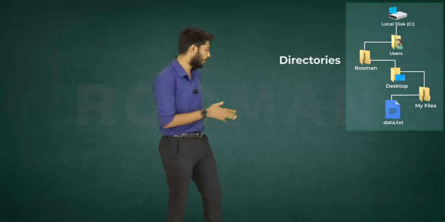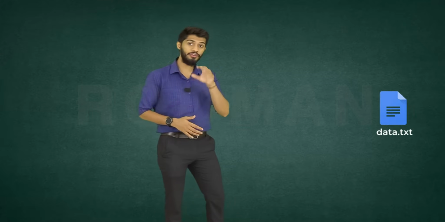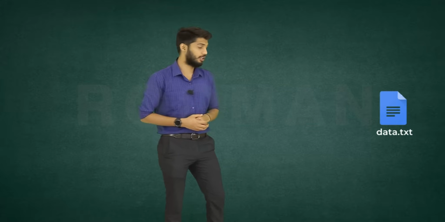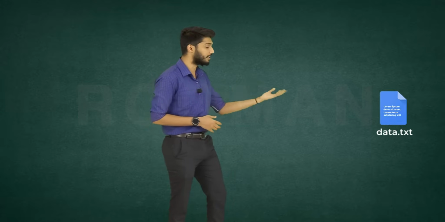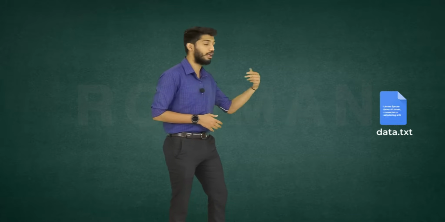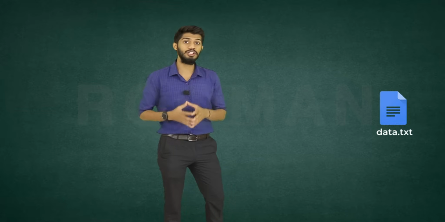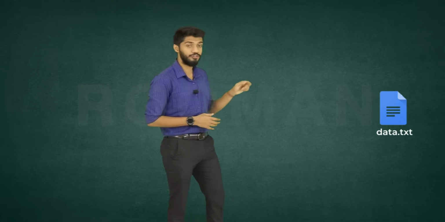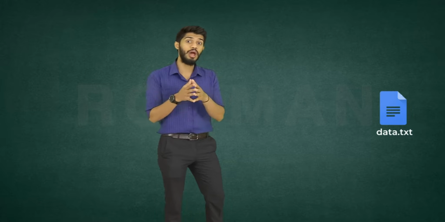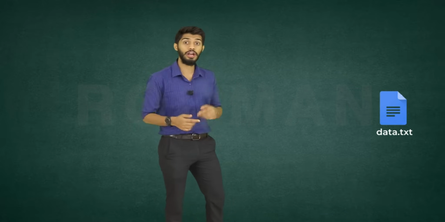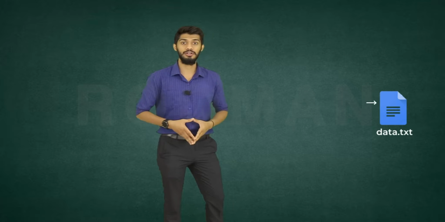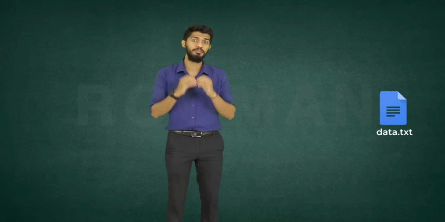Now let's focus on data.txt. If I have to write anything to this, or read anything out of this, then the first thing we need to do is, for this particular file data.txt, I need to have a reference, or create a handle. Now how can we create a handle in Java? It's very simple.